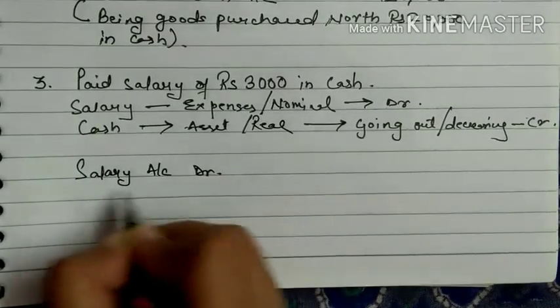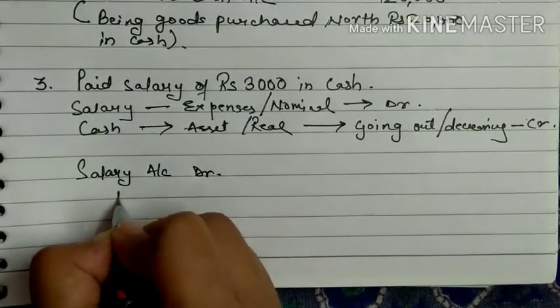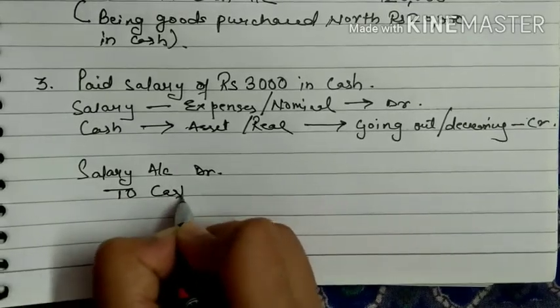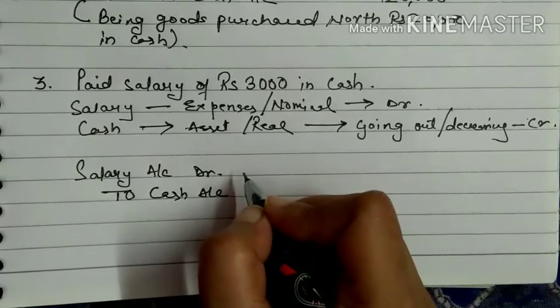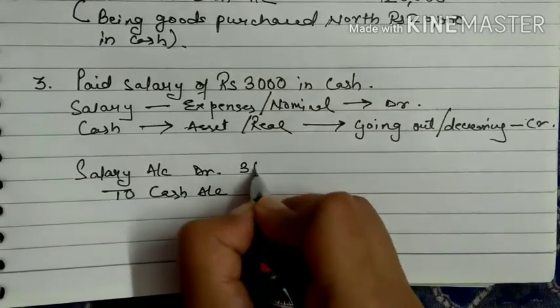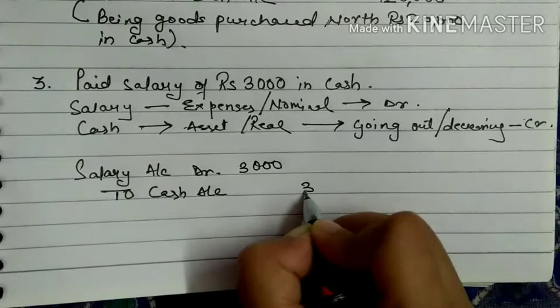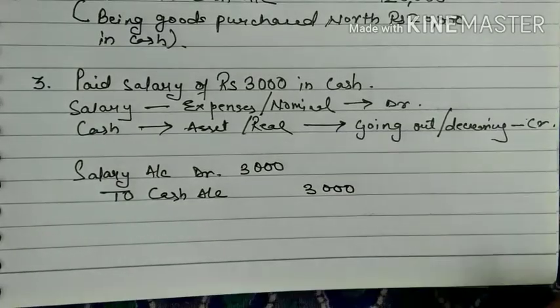So I'll write the entry as salary account debit to cash account. Now I'll write the amount as 3,000 and 3,000.